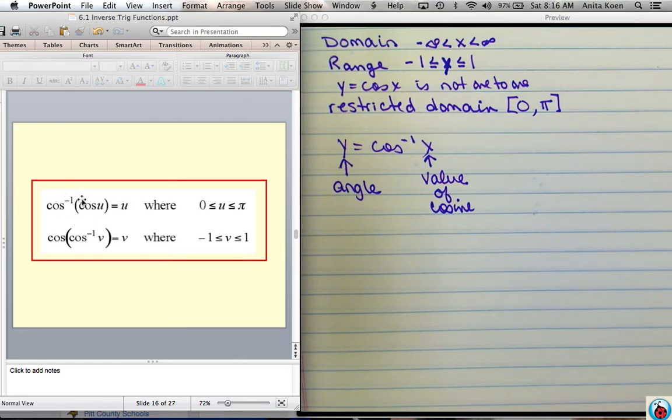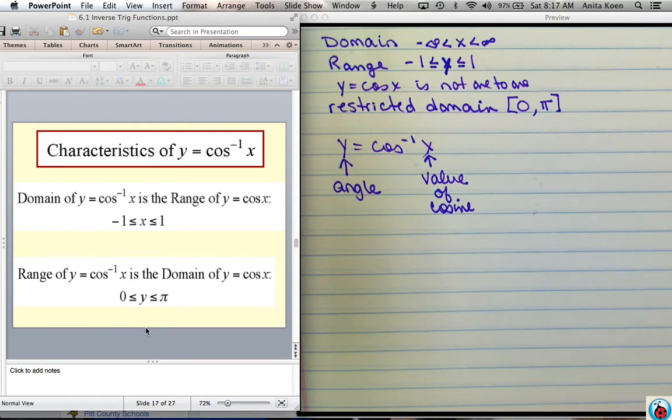So the cosine inverse of the cosine of u will always equal what I've started with, which is u, as long as u is between 0 and pi inclusive. And likewise, the cosine of the cosine inverse of v is going to equal v. These two functions will undo each other, and I will end up with exactly what I started with as long as my v is between -1 and 1 inclusive.